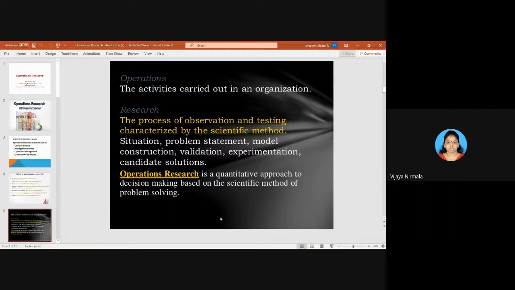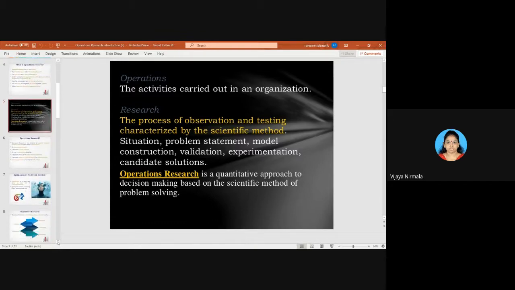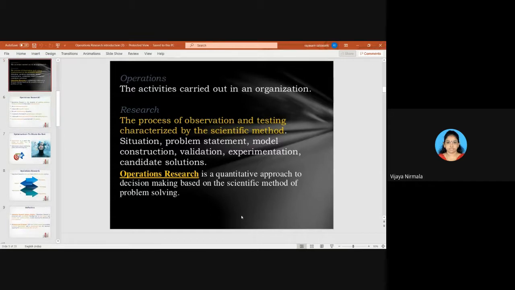I think in your BRM also you will be learning the research process, that first you will identify the problem statement and then you collect the data regarding the problem statement, with some techniques, some sampling methods you use to collect the data, and you will design it and various analyses, that there are various tests to analyze the data whether it is valid or not, and later you prepare a hypothesis and finally you draw some solutions, right?